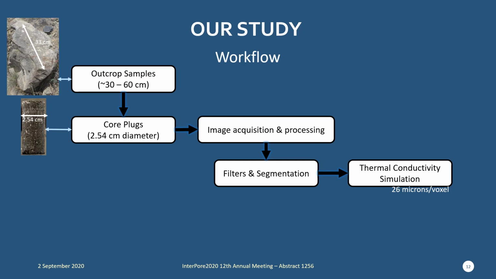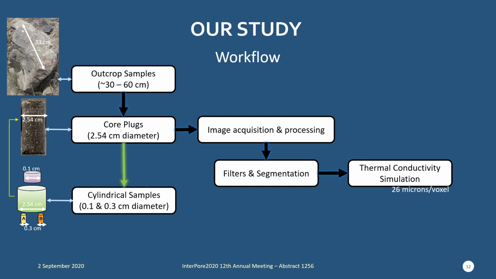However, for the permeability, this resolution was not good enough because it didn't resolve completely in a very precise way all the pore structure of the rocks. So we went to higher resolutions, and as you can see here in the figure, we went to physically smaller samples, and these were acquired at different resolutions.